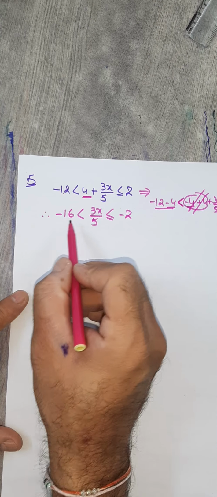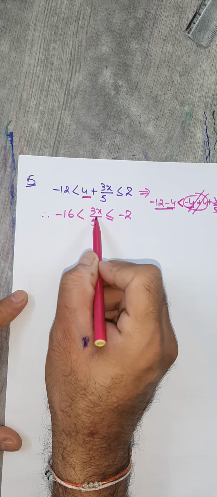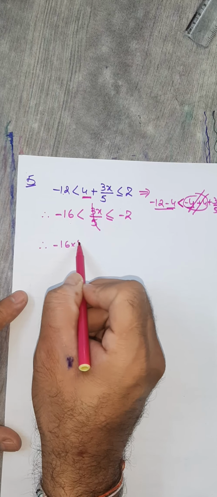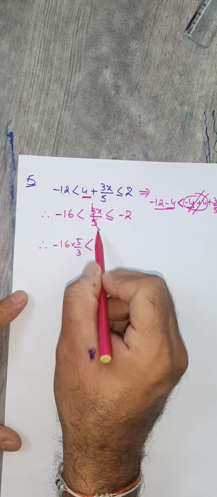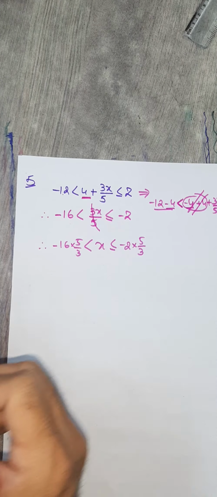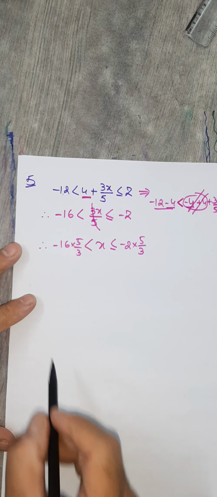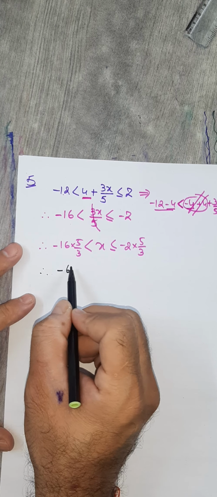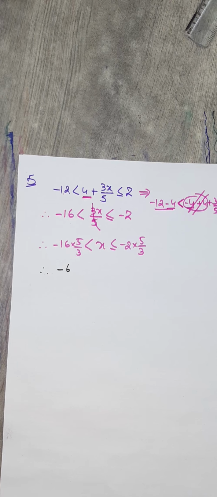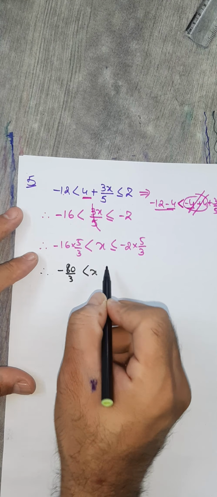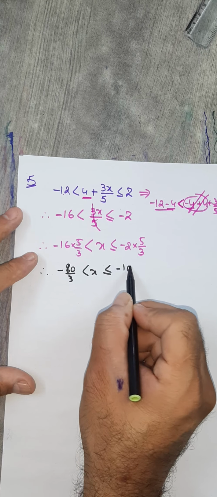Okay. Now you don't want 3 by 5, so I need to eliminate this. So I'll multiply with 5 by 3. 3 by 5 into 5 by 3 is just x, less than or equal to minus 2 is already there, into 5 by 3. So this would be minus 80 by 3 less than x less than or equal to minus 10 by 3.